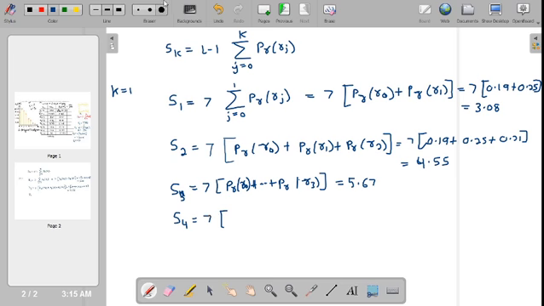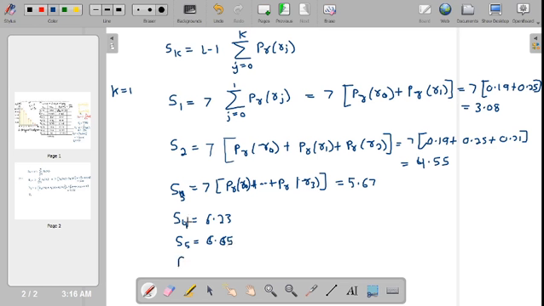6.23. So I'll be just writing 6.23. Next S5, 6.65. 6.65 to 6.6. 6.65.